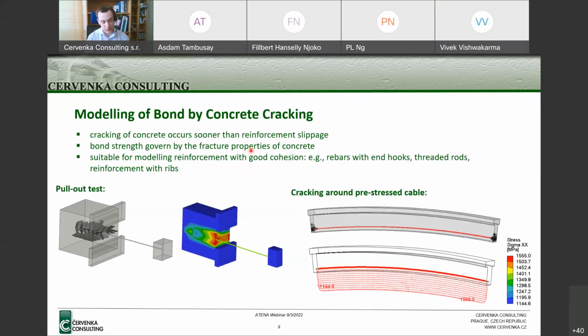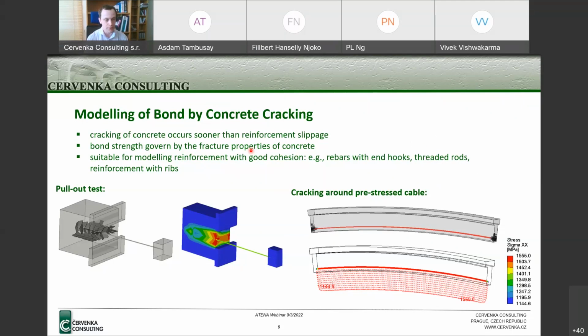First, I will explain shortly how ATENA can estimate the bond properties, or how to model the bond by cracking of the concrete. Even though I don't define any bond-slip law for my material, ATENA can still estimate the bond behavior.